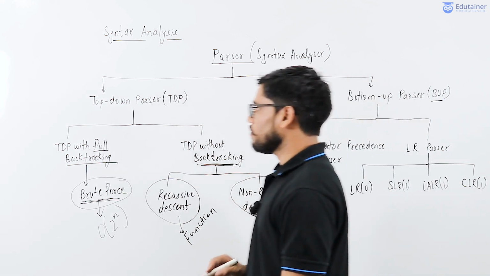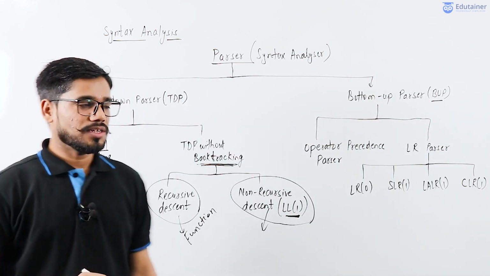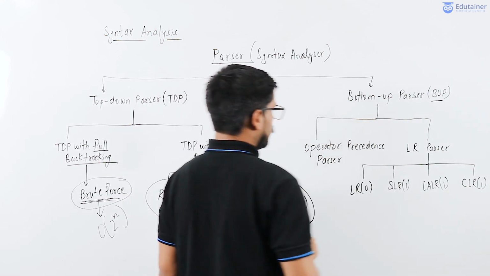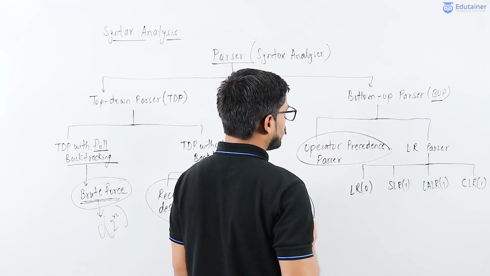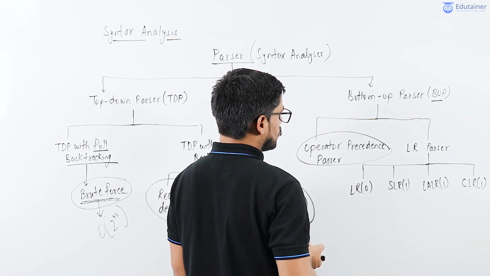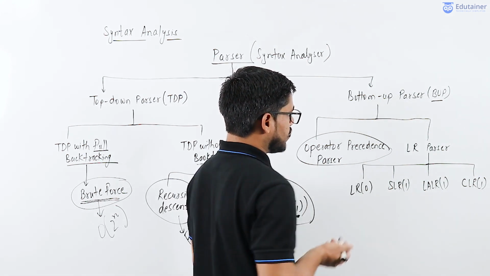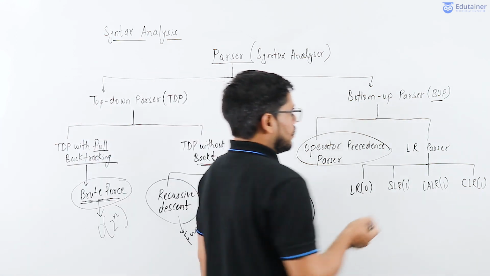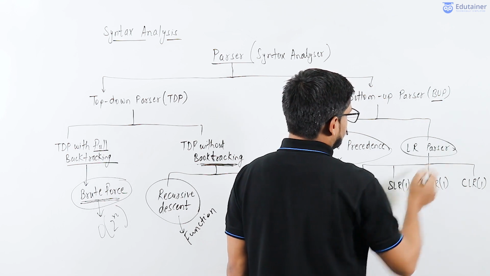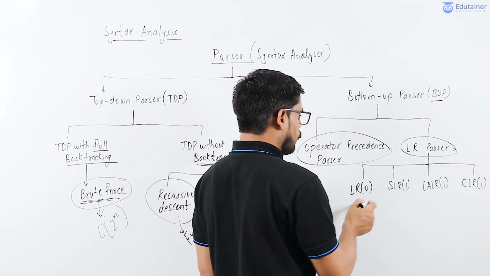The second classification is the bottom-up parser. Bottom-up parser is further classified into operator precedence parser. Operator precedence parser is used generally for mathematical calculations or mathematical precedence and associativity rules. And the second is the LR parser. LR parsers are of four types.